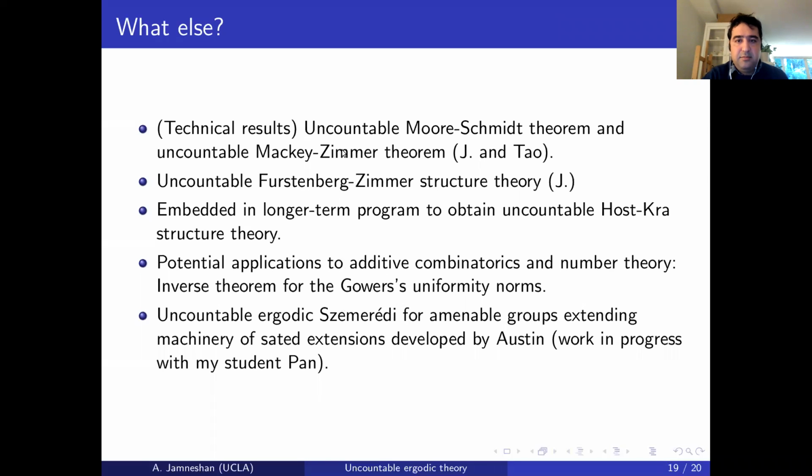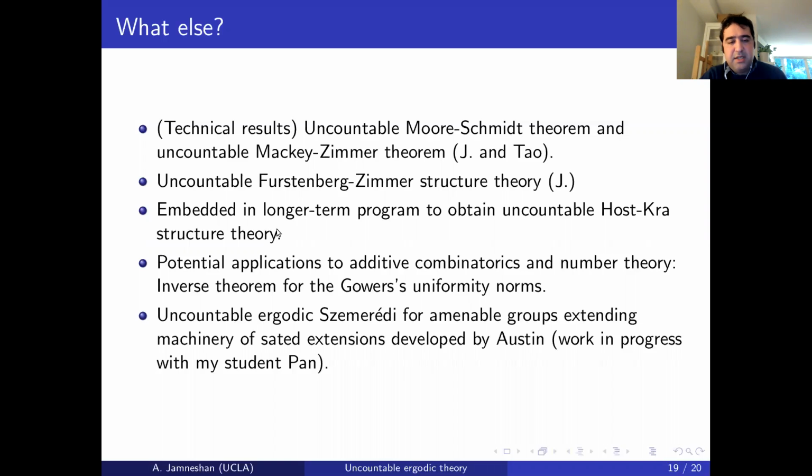So what else? We have two other results with tau. So this is uncountable Moore-Schmidt and Makitsima, but they're very technical, so I don't want to comment too much on them. And I have also, that's also in preparation, some uncountable Furstenberg-Zimmer structure theory.